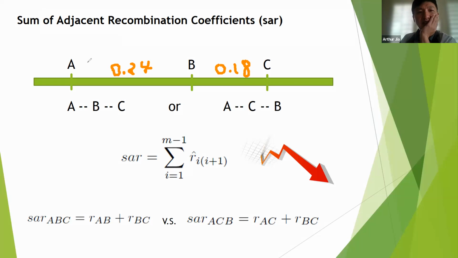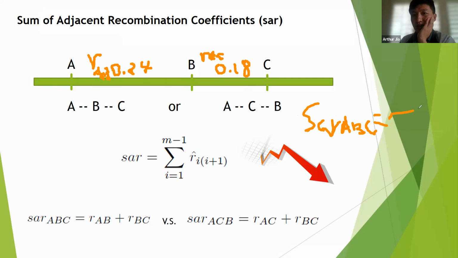The RAB equals this, and RBC equals this. So based on the definition, if this is the real situation, the SAR ABC should be 0.24 plus 0.18, which equals 0.42, something like this.